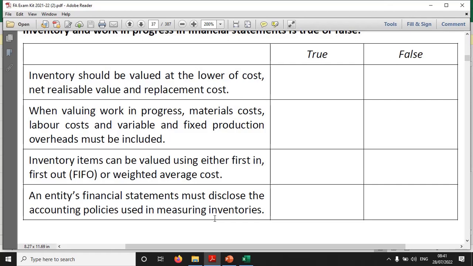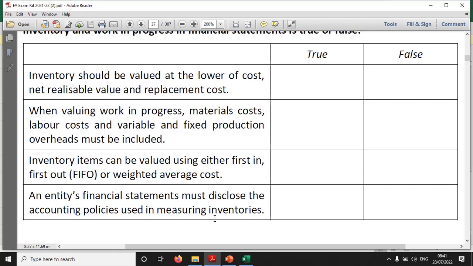Is that correct? I think it's correct. Otherwise, you're going to run a loss. Remember, you're in business, right? I think there's that method of valuing stock using total cost absorption. Is it absorption costing? Yes, it's an acceptable way of valuing units of stock.